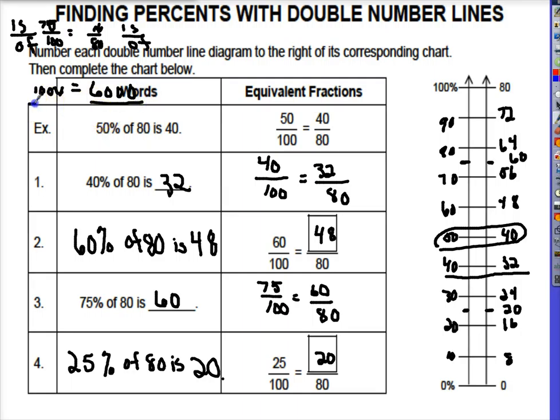Then you're going to divide by 100, divide by 100, and my answer is going to be x is 60. And that's what we found here. So we're going to do more of this on Monday. So you'll have another strategy besides making a double number line to find a percent of a number.